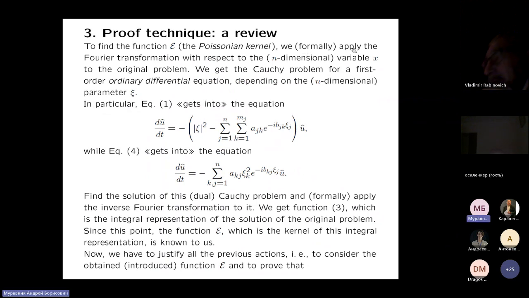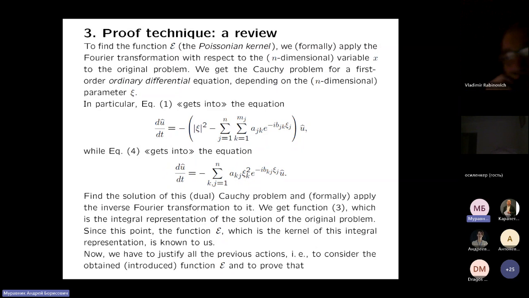We formally apply the Fourier transformation with respect to the n-dimensional variable x to the original problem. Why do I say formally? Because once I apply a Fourier transformation, I have to count an improper integral.